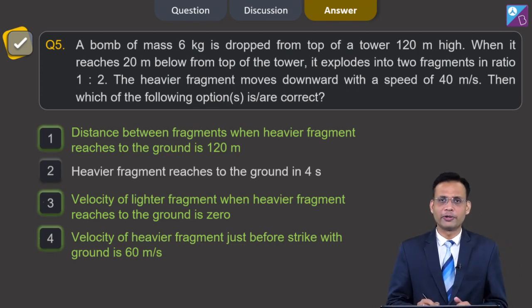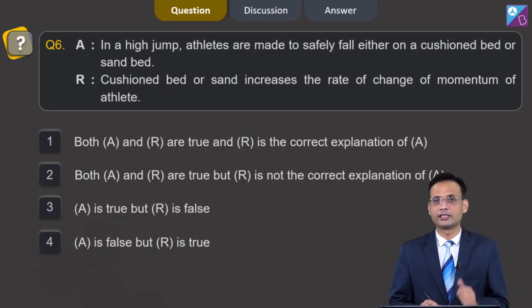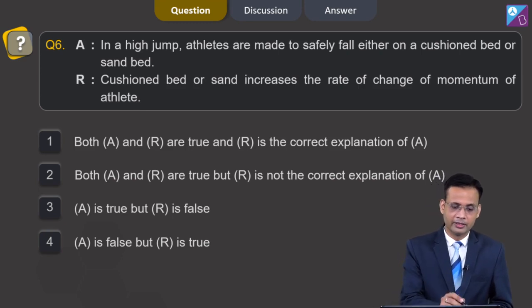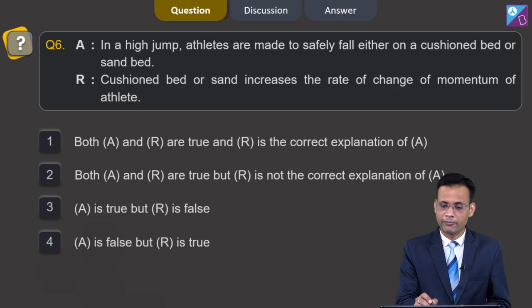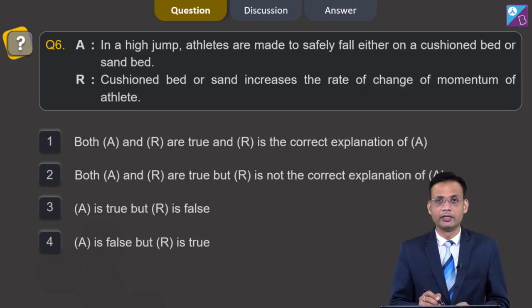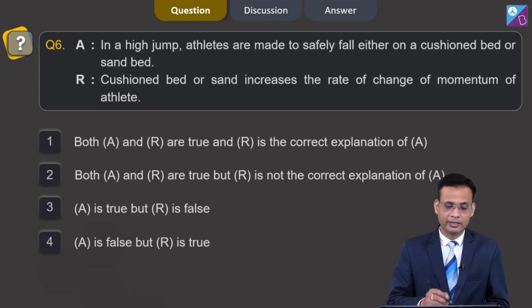Now, let us move on to our next question, which is question number 6. This is an assertion reason type question, and assertion states that in a high jump, athletes are made to safely fall either on a cushion bed or sandbag. So, this is a correct statement. Now, moving to the reason part, it states that cushioned bed or sand increases the rate of change of momentum of athlete.